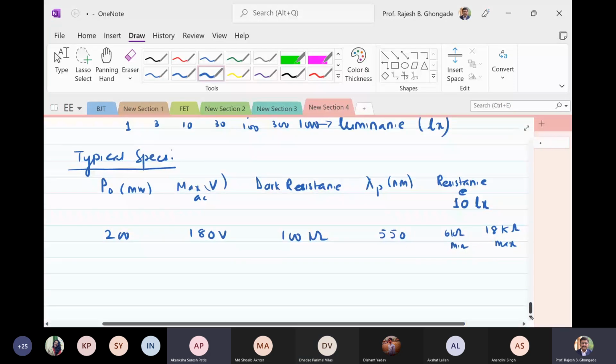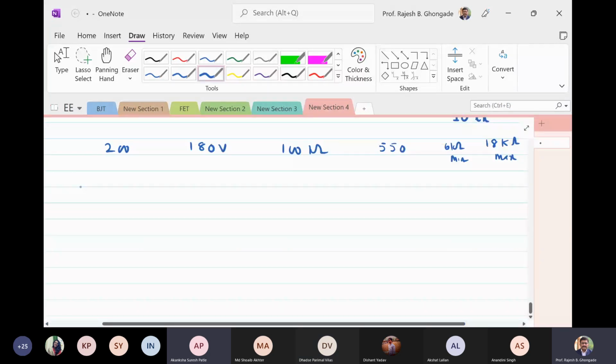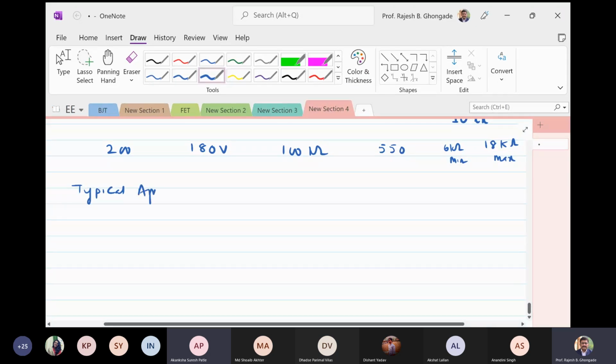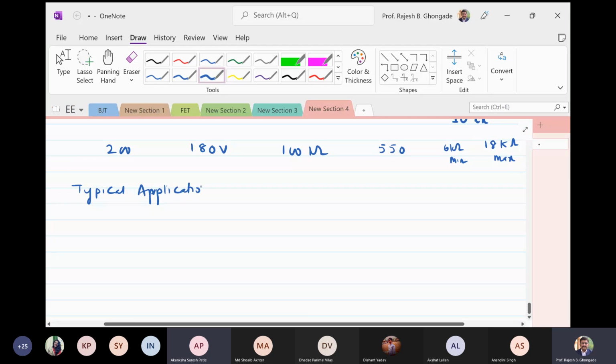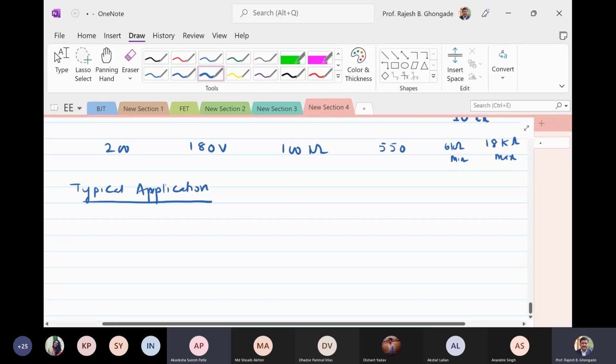Let us see a typical application to end this session. Very interesting. Can be used in your hobby projects.